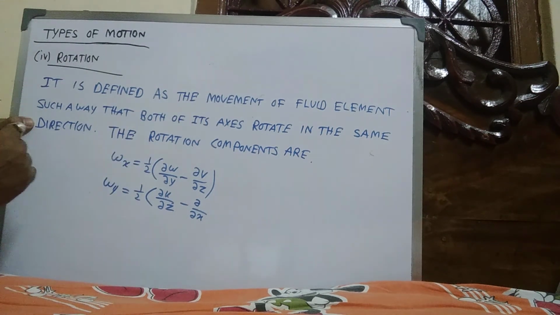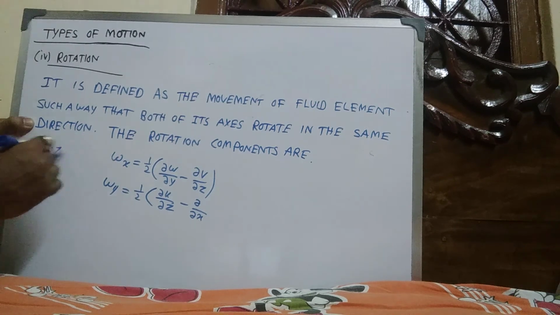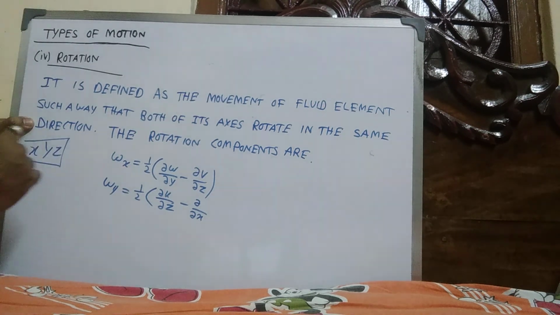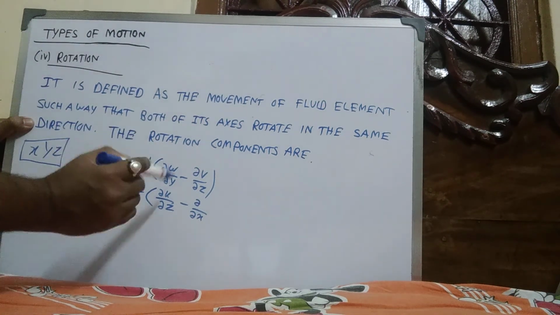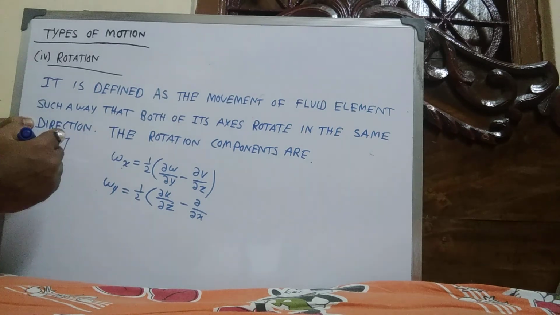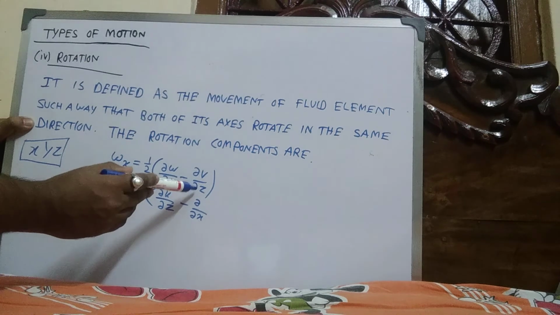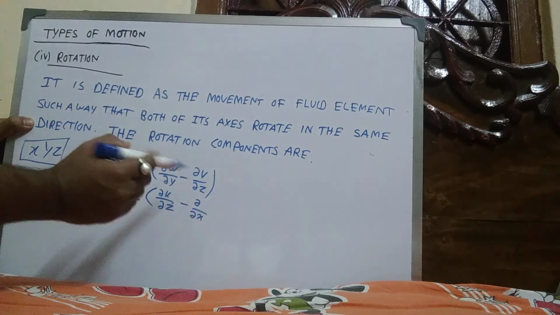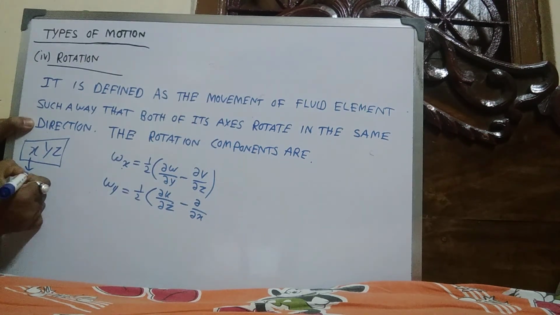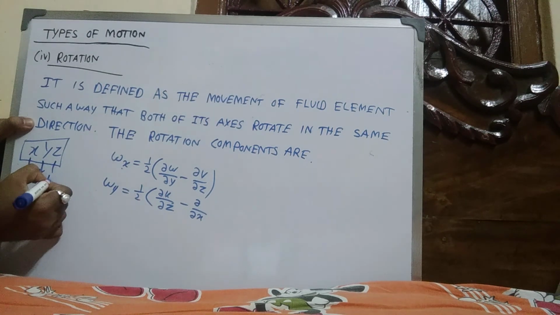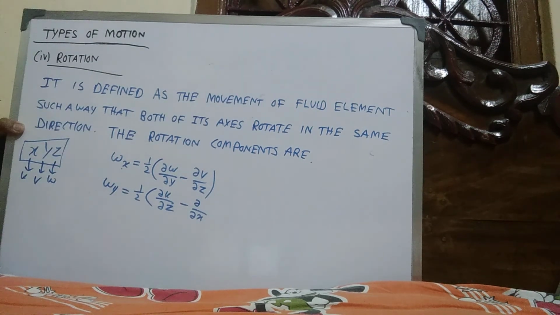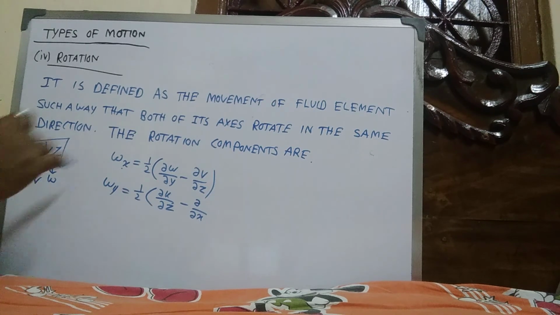How to remember it: x, y, z. Follow this order: after x comes y, z, then x again. u, v, and w are the velocity components in the x, y, and z directions.